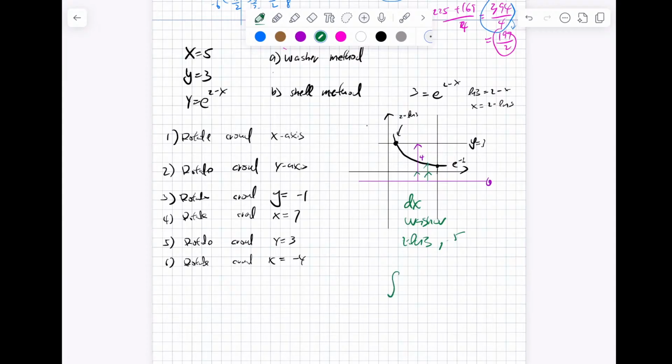So that's going to be the integration from 2 minus ln 3 to 5, and the top bound is 4 squared minus the bottom, which is 1 plus e to the 2 minus x, squared, dx, pi. Is that okay? So washer is no problem.